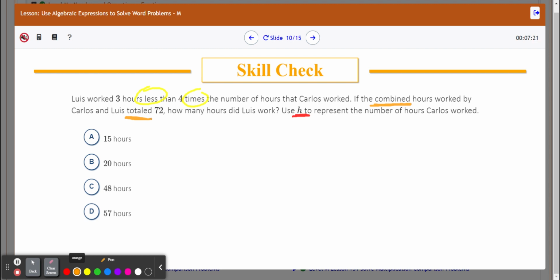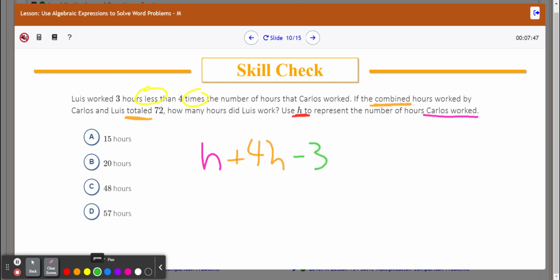So H is the number of hours Carlos worked. Now we're combining that with Louis, and Louis is 4 times the number Carlos worked, so that's 4H minus the 3, because he worked 3 less than 4 times.